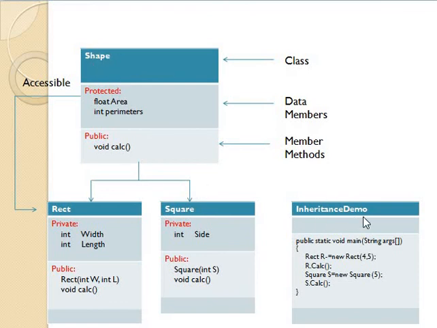But look at this class inheritance demo. This is a standalone class. It does not acquire any properties from the class shape. So this class inheritance demo is not connected to these three classes, that is shape, rect and square.